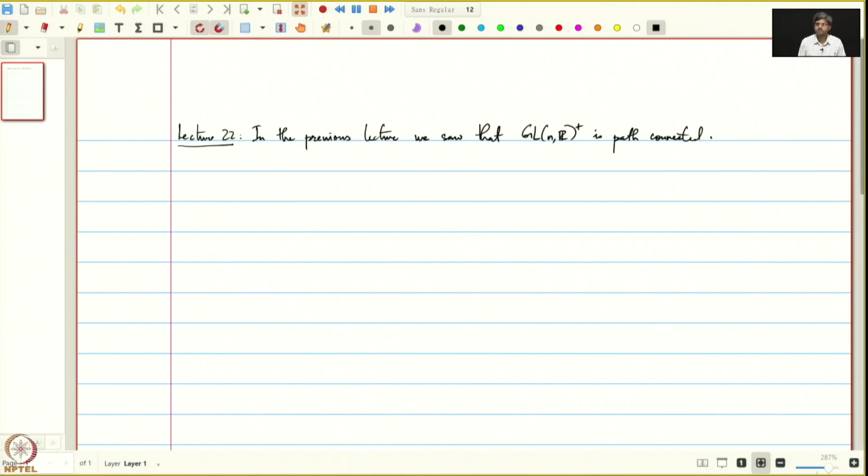So, let us begin this lecture by showing that, proposition: GL_n(C) is path connected.